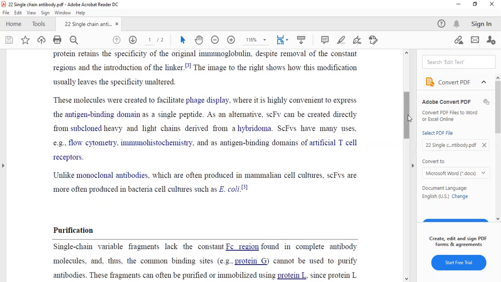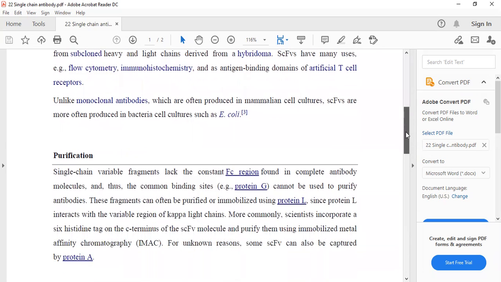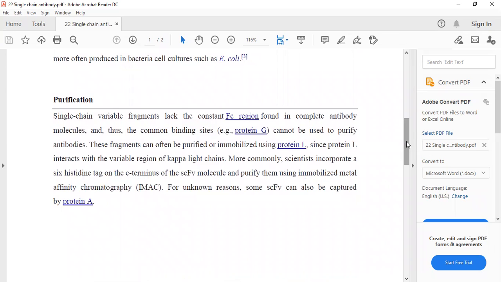How are the single chain antibodies prepared and how are they purified? As we know, single chain antibodies are in the FAB portion, and the whole antibody is in the FC region.